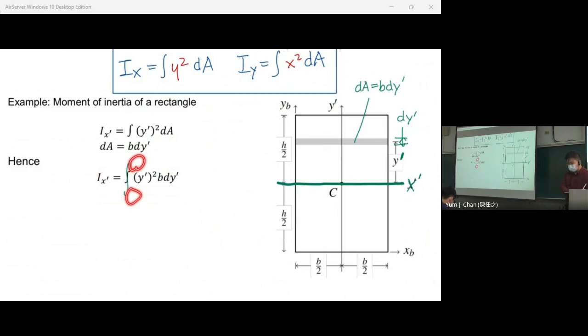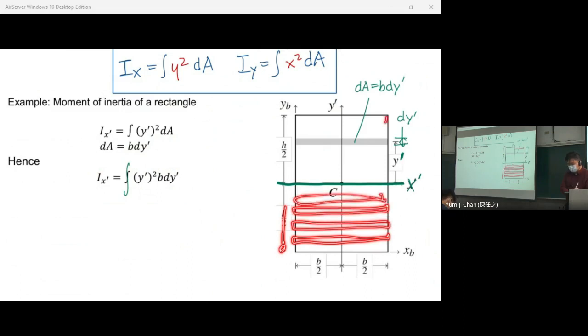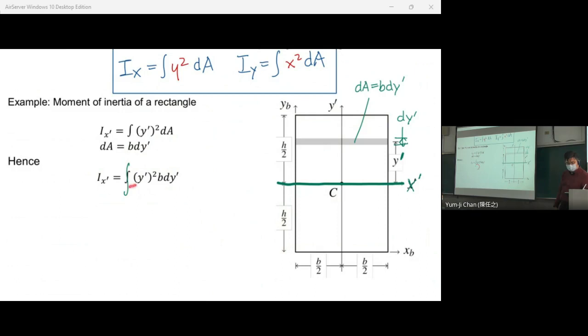So for y prime, we start from a particular value of y prime, and then we do the integration, and we work through this area, and so on, up to this area. So what are the limits of our definite integral? We start from here, and then we go to here.